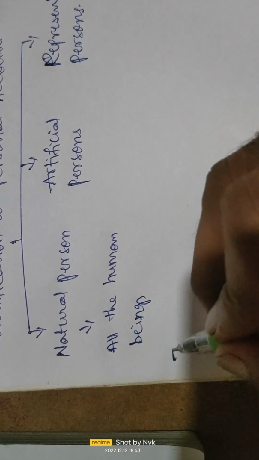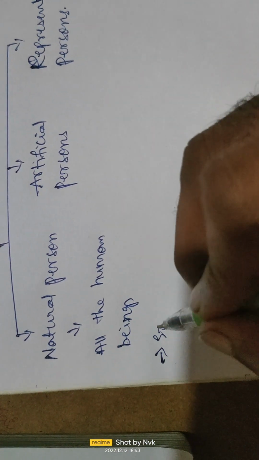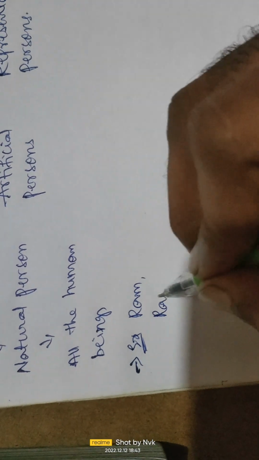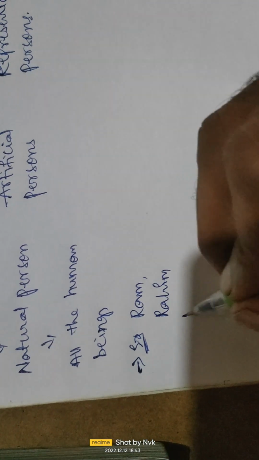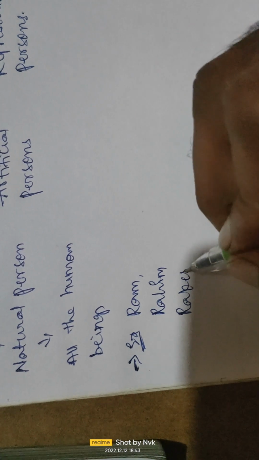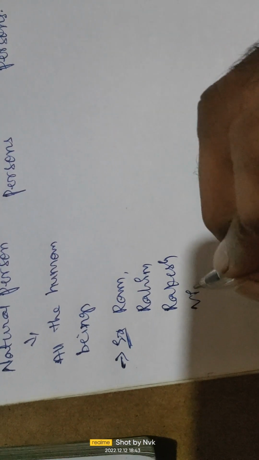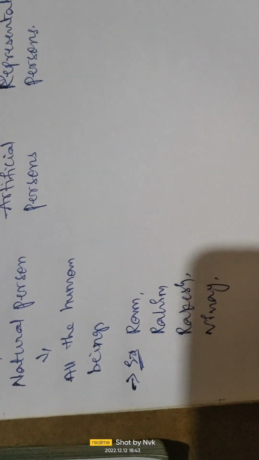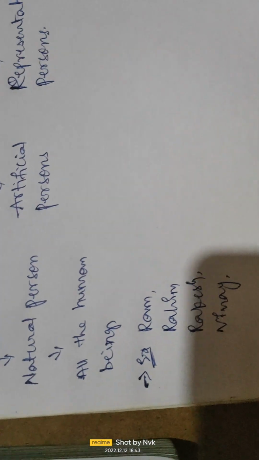Examples are Ram, Rahim, Rakesh, Vinay, like that we can take the examples of human beings.